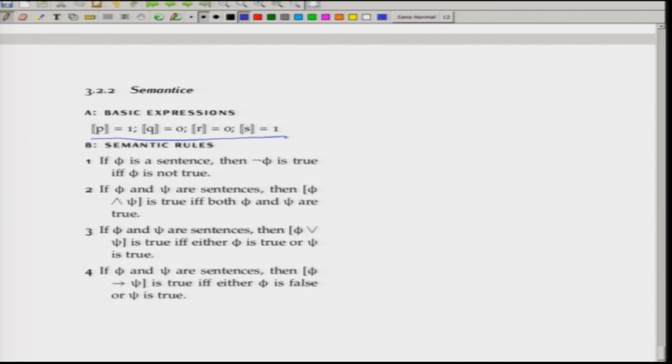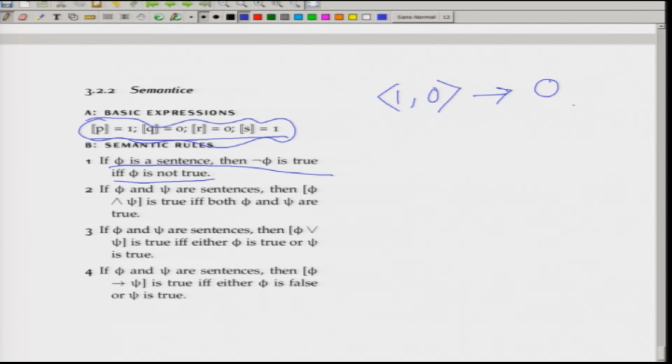For example, in this 1 0 could be assigned to and it will give you 0, right. So, for example, if phi is a sentence, then neg phi is true if and only if phi is not true. Here the point is the basic expressions are not subjects and predicates, but they are rather propositions themselves with truth values.